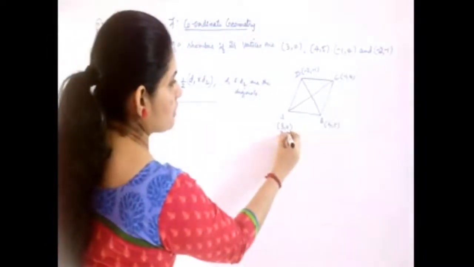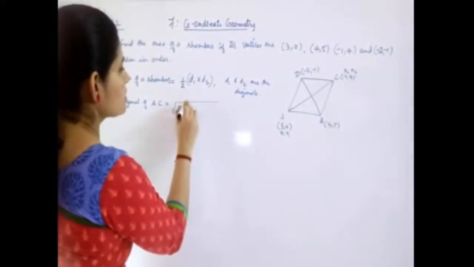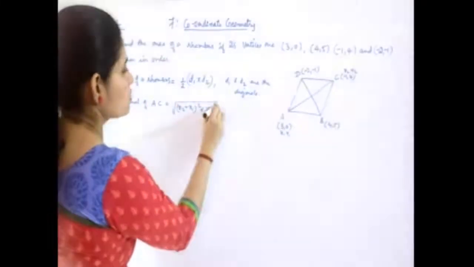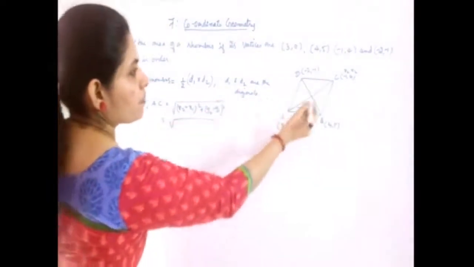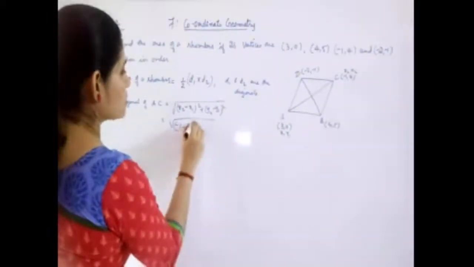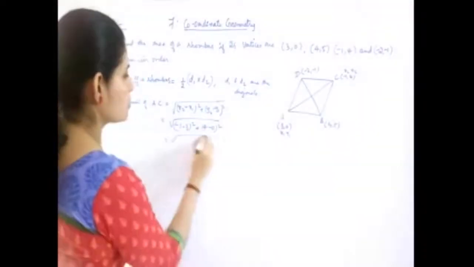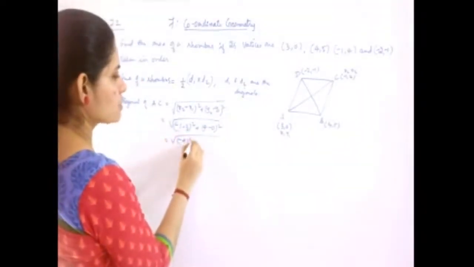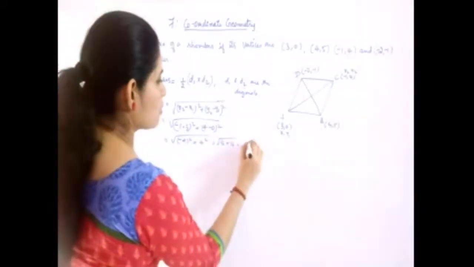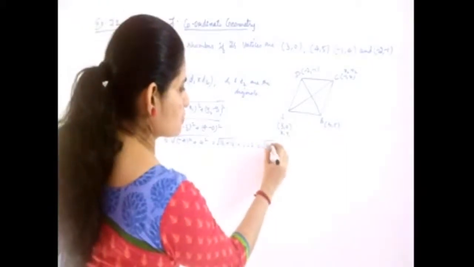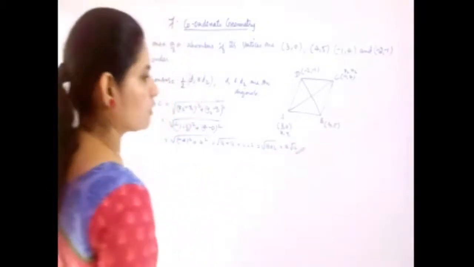This is your x1, y1 and x2, y2, so you will get the root of (-1 - 3)² + (4 - 0)², which is the root of (-4)² + 4², which is the root of 16 + 16, root 32. Root 32 is root of 16 into 2, which will give you 4 root 2. So 4 root 2 is the length of AC.